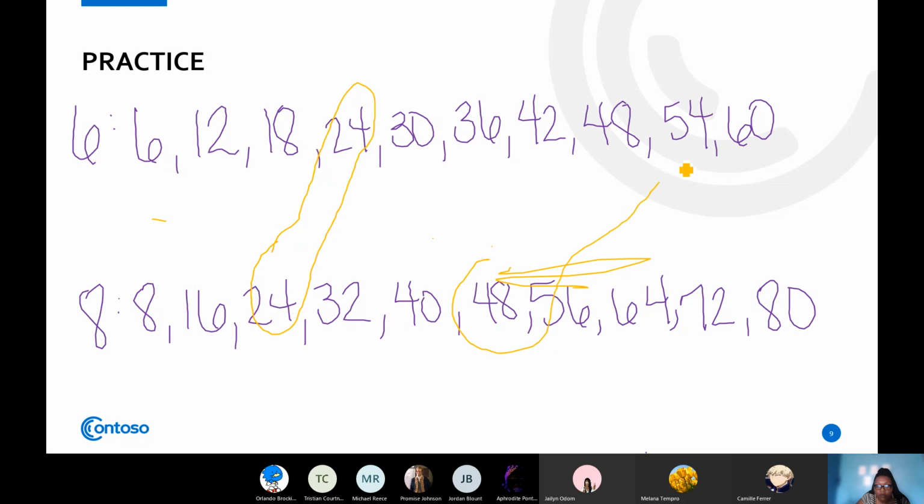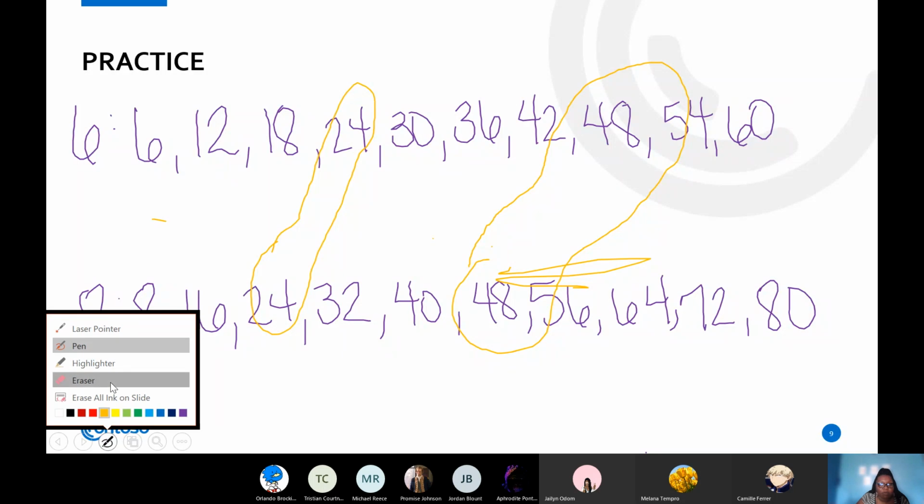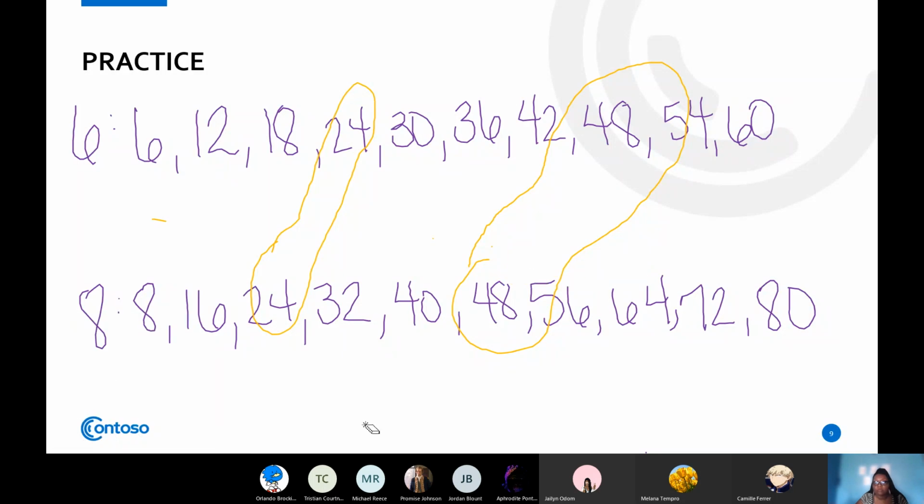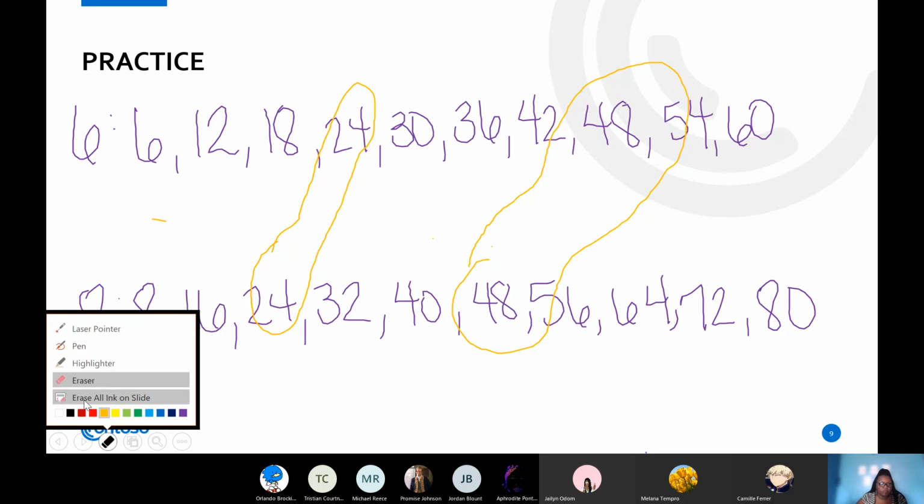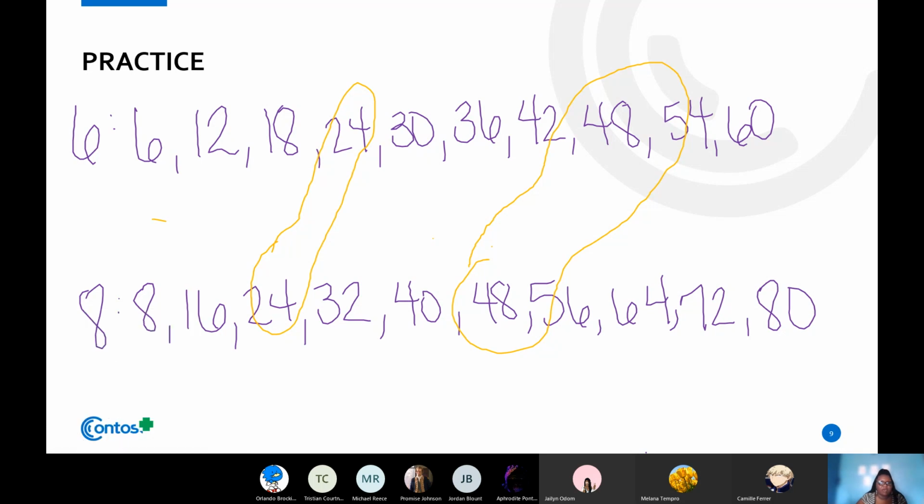Okay, so what is our least common multiple? Someone turn on their mic and let us know what is our least common multiple here. 24. 24.